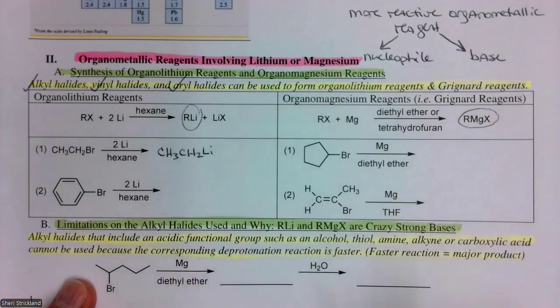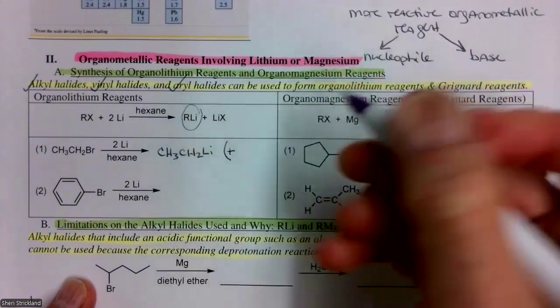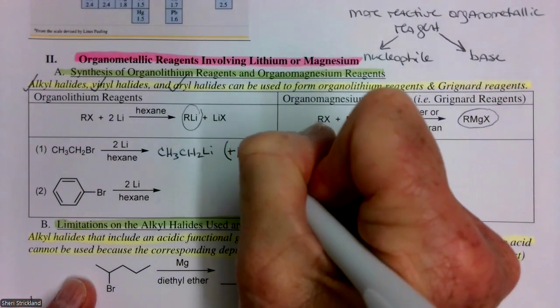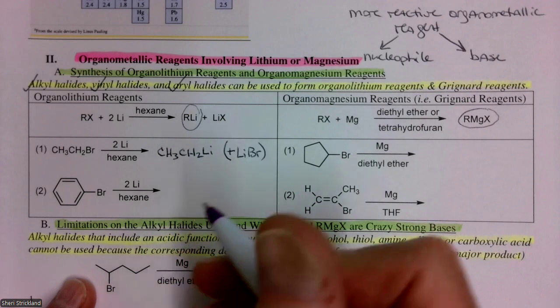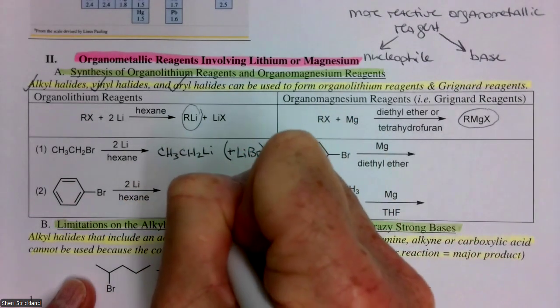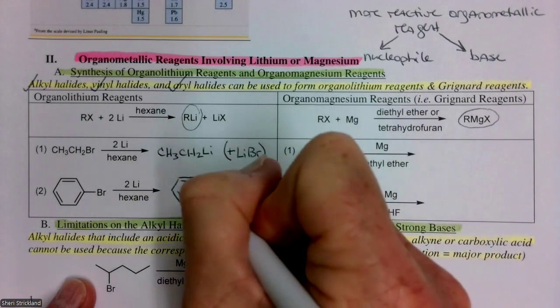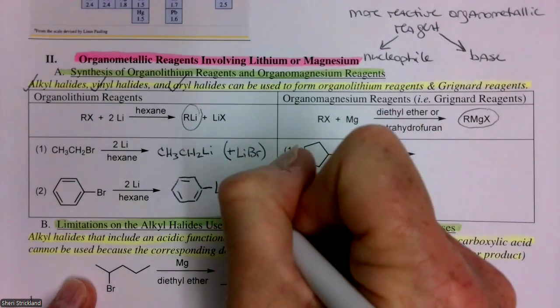So that makes that organolithium, and I'm going to just put this in parentheses because it's not going to be part of any reaction where this is used. If you had an aryl halide instead, this is just bromobenzene, it would make phenyllithium.